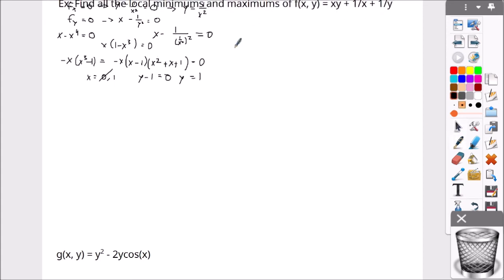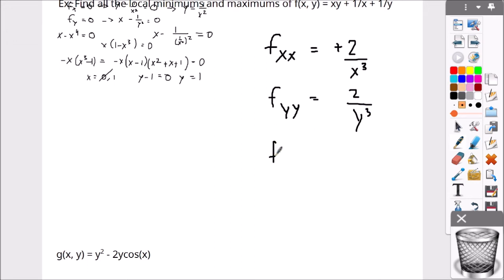So f sub xx is what? f sub xx is negative x to the negative 2, so positive 2 x to the negative 3, so positive 2 over x cubed. Excuse me. f sub yy is positive 2 over y cubed.